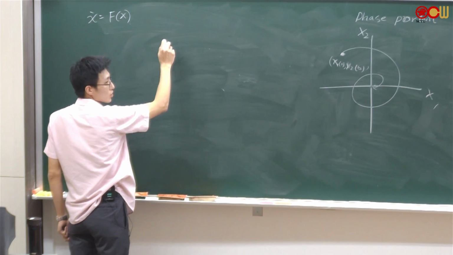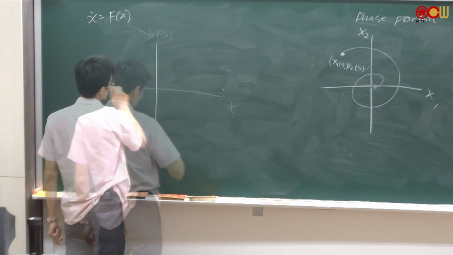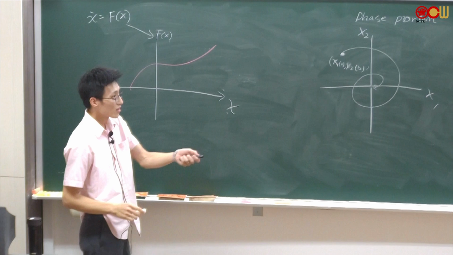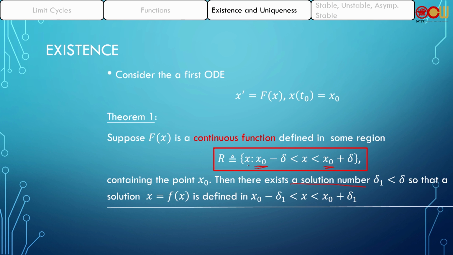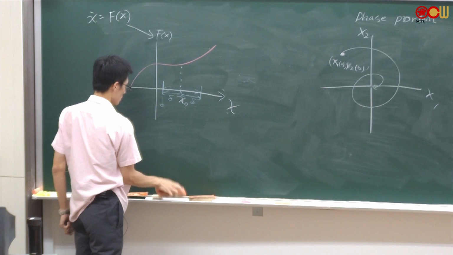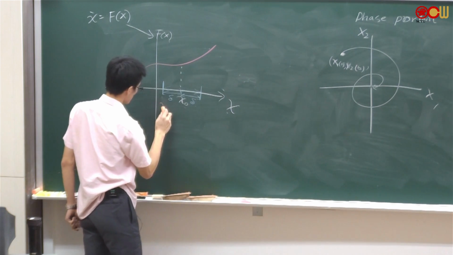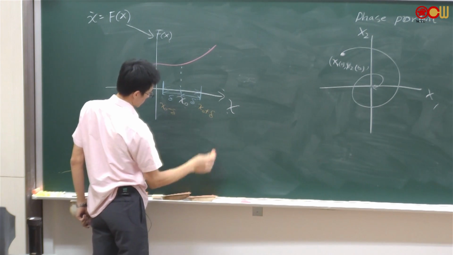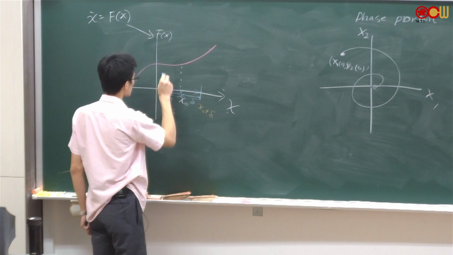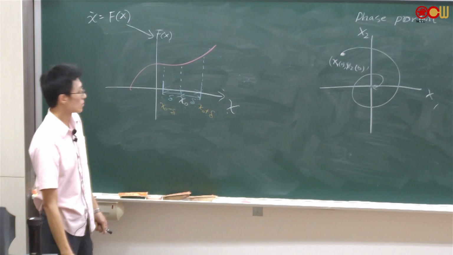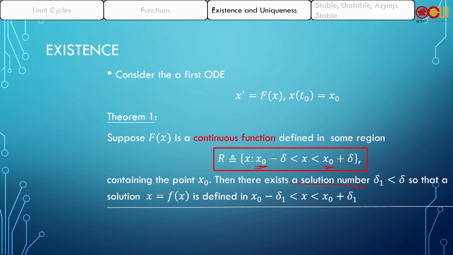Next, we check if this function is continuous, defined in some region around x0. In other words, here is x0 minus delta, and R is this region.